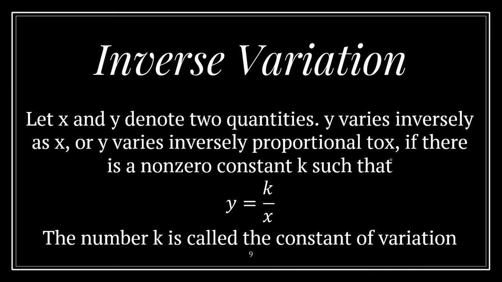Let x and y denote two quantities. y varies inversely as x, or y varies inversely proportional to x. If there is a non-zero constant k such that y = k/x, the number k is called the constant of variation. Again, the formula for inverse variation is y = k/x.